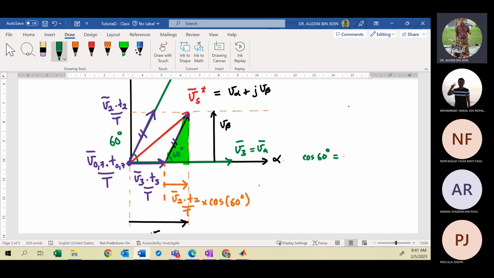The adjacent is this one, then you divide by hypotenuse. Hypotenuse is V2 T2 per T, right? V2 T2 per T. Okay, this length is the component vector with the purple or blue color here. Okay, clear? Easy.